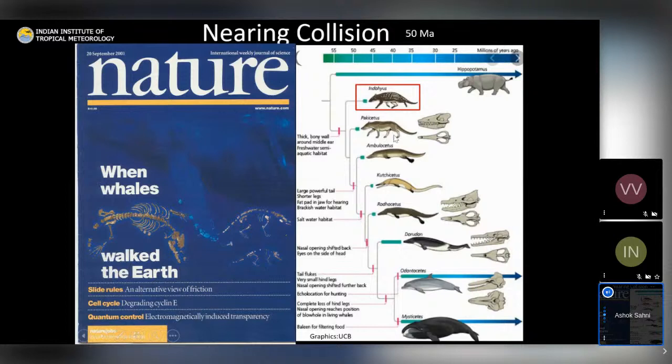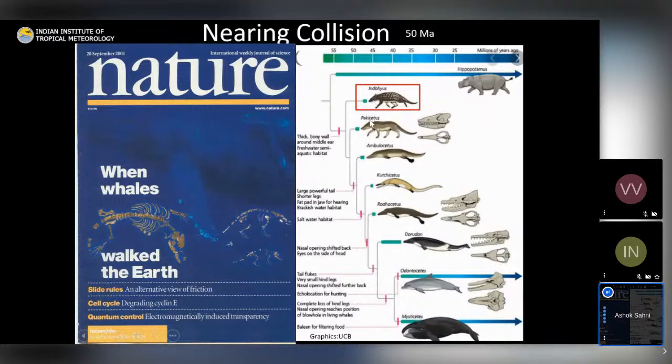You can see they still retain the hind limbs and forelimbs, but slowly and gradually they started losing the forelimbs and they became true whales. So the record of whales is really fantastic. The early record of whales is very, very good in India and Pakistan. And the first 10 million years or so of whale evolution is recorded here.